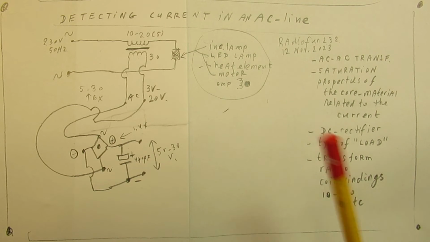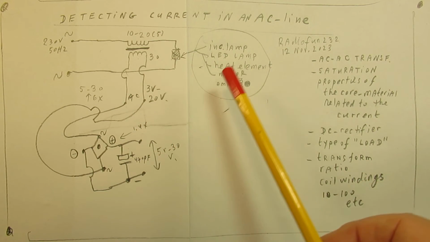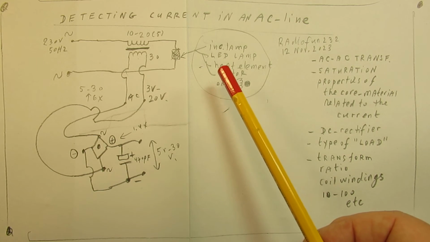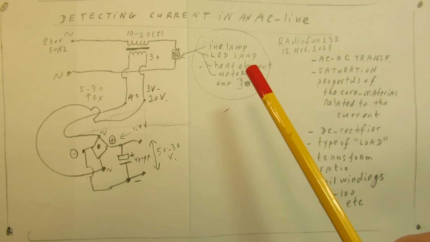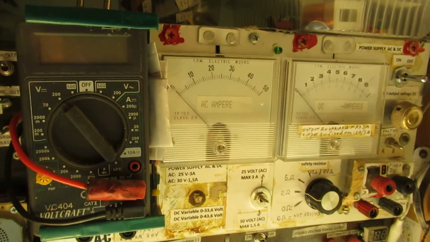I don't know what will happen when you connect here not an ohmic load but an inductive or capacitive load. Did not test it, only tested it in practice when I wanted to make an AC power supply and wanted to see the AC current, and that is this power supply, by the way.